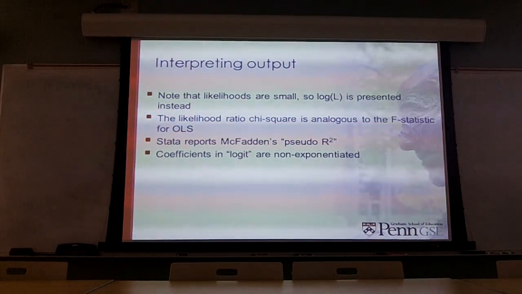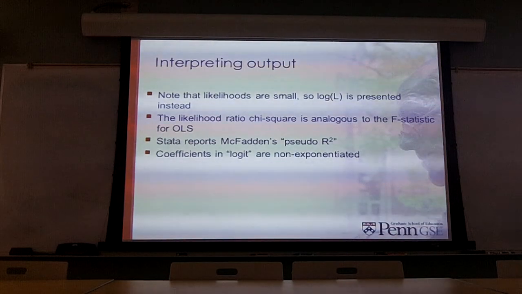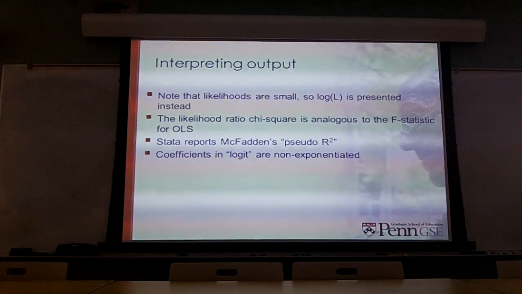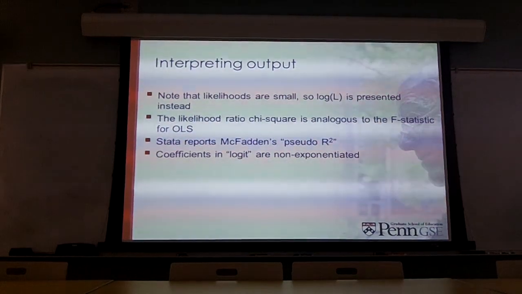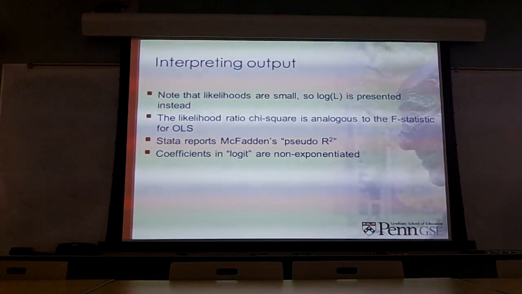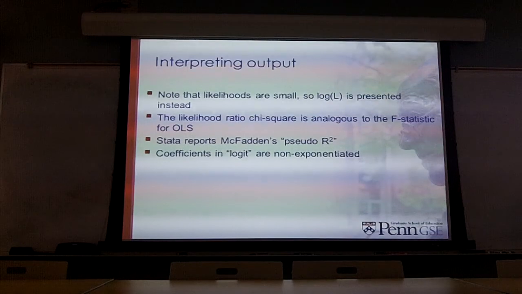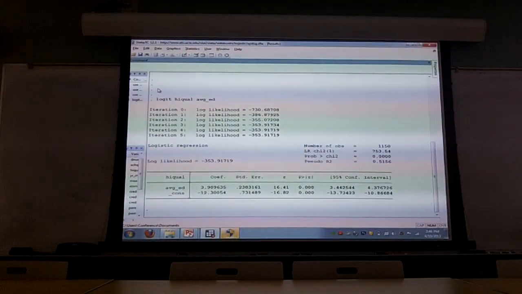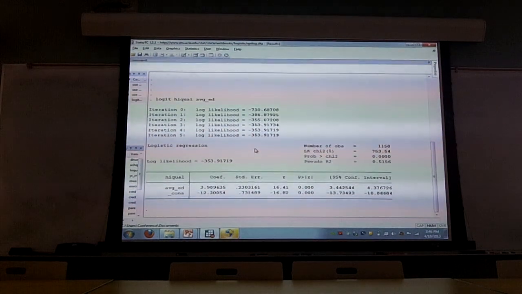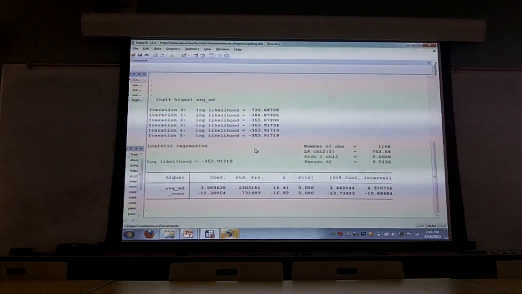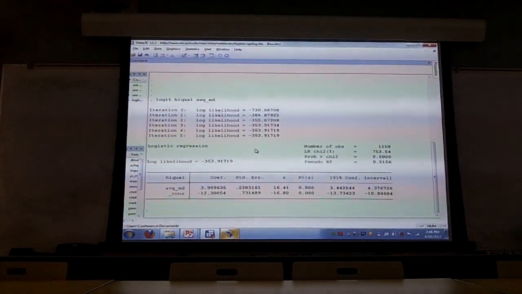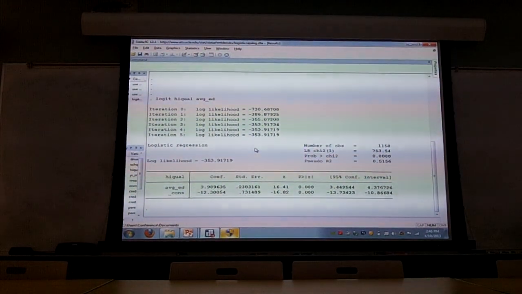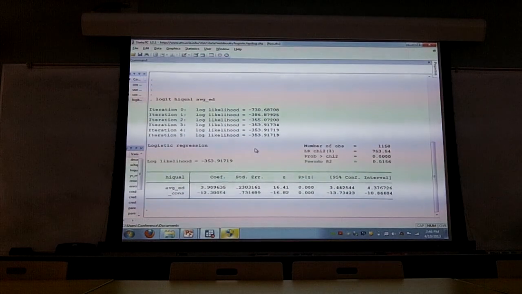What we're trying to do here is use maximum likelihood to estimate our coefficients, and we report log likelihoods. By taking the logarithm of these things, we make them bigger. We look at these logarithms as sort of like an overall F statistic, like in the ANOVA. Okay.